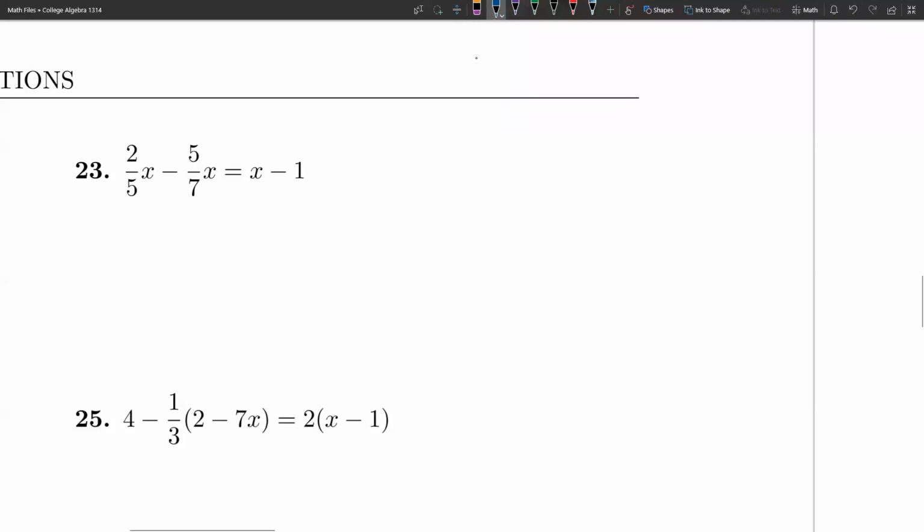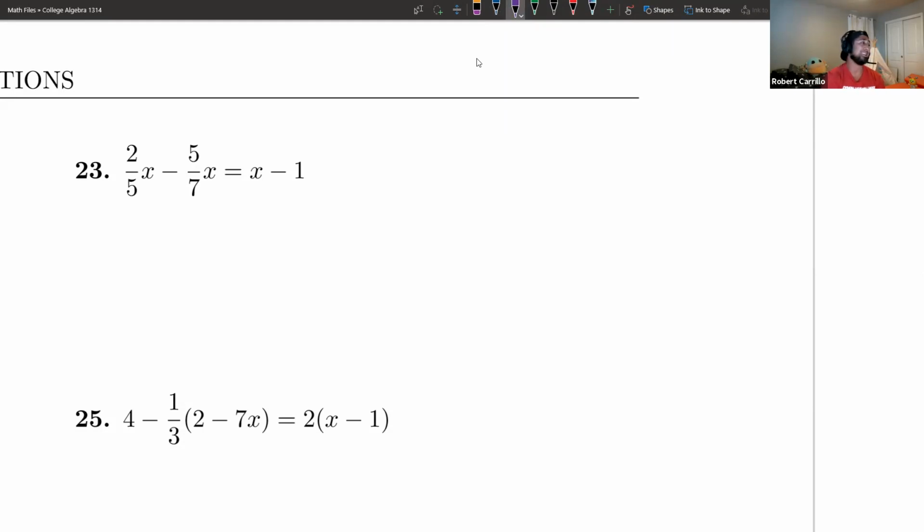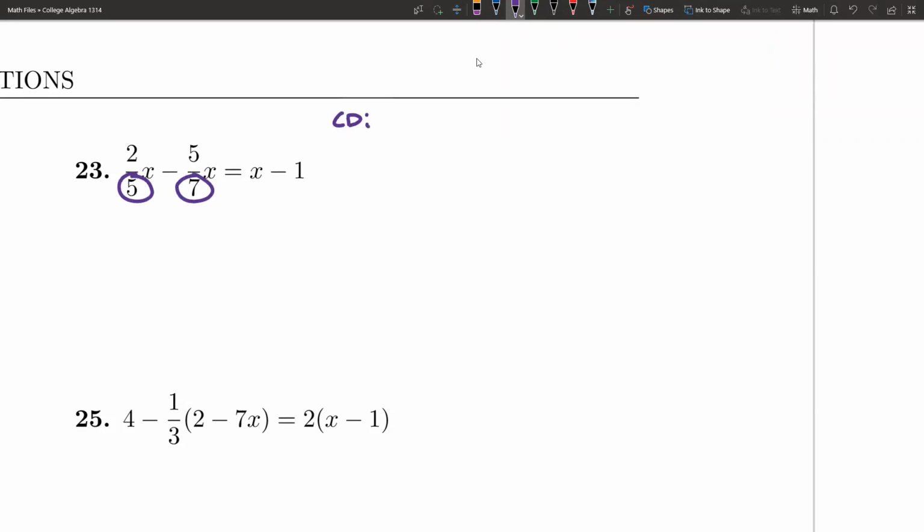Get rid of the fractions. Okay, so if you want to get rid of the fractions completely, then this means we need to find the common denominator. What is the common denominator between 5 and 7? Not 5. 35. There you go.